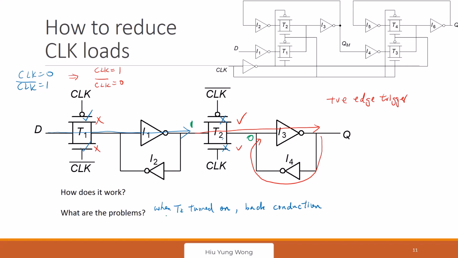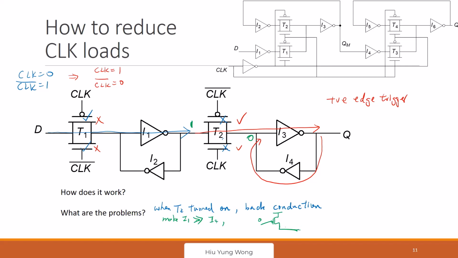So that's why you see we make I1 much larger than I4. Why is that? Because I1 is stronger, so you will pull everyone to 0. If you look at the transistors, when this is 1, for I1, I have a big PMOS, which is trying to deliver 1 to the node.